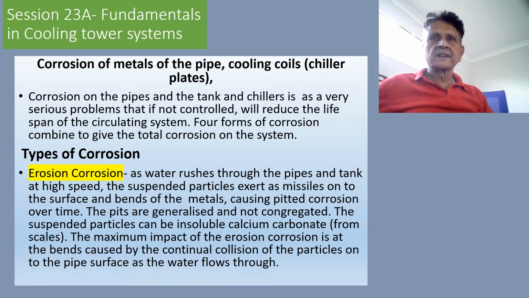The suspended particles can be insoluble calcium carbonate from scales, dirt, dust, silica particles, or sand particles, etc. The maximum impact of erosion corrosion is at the bends, caused by the continual collision of the particles onto the pipe surface as the water flows through.